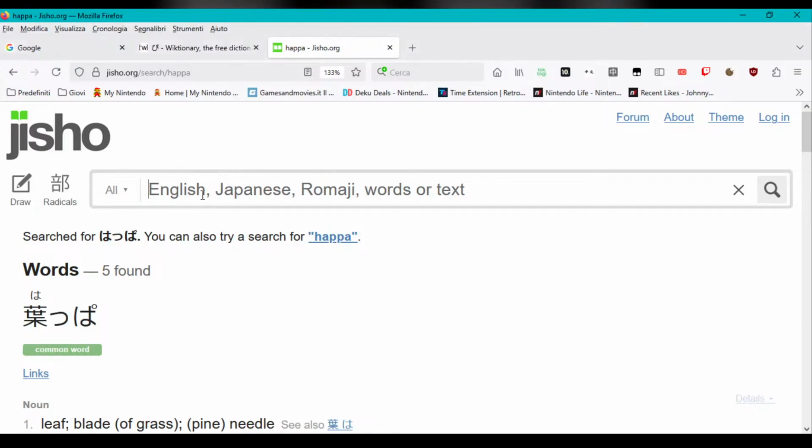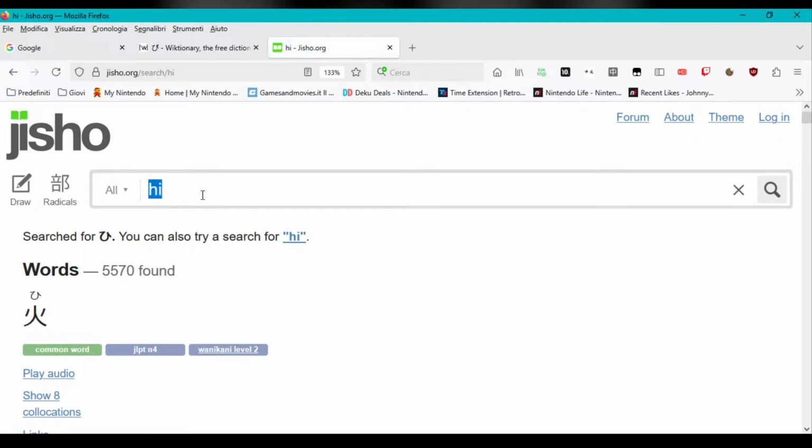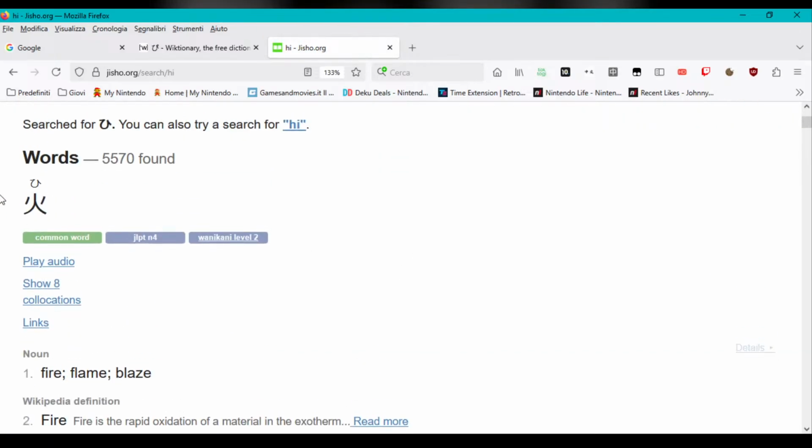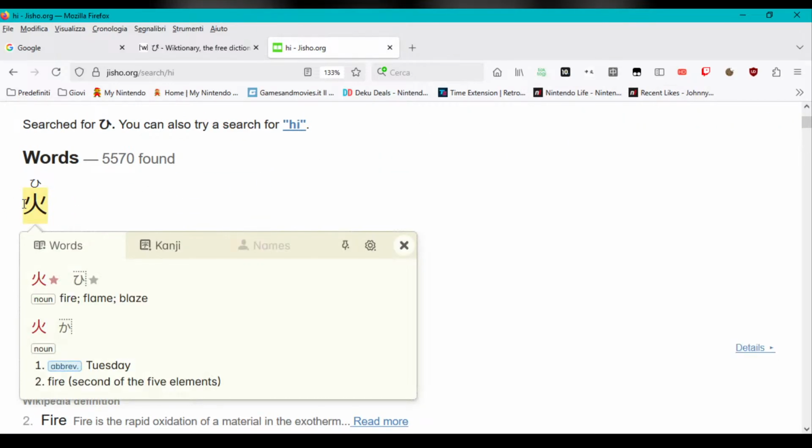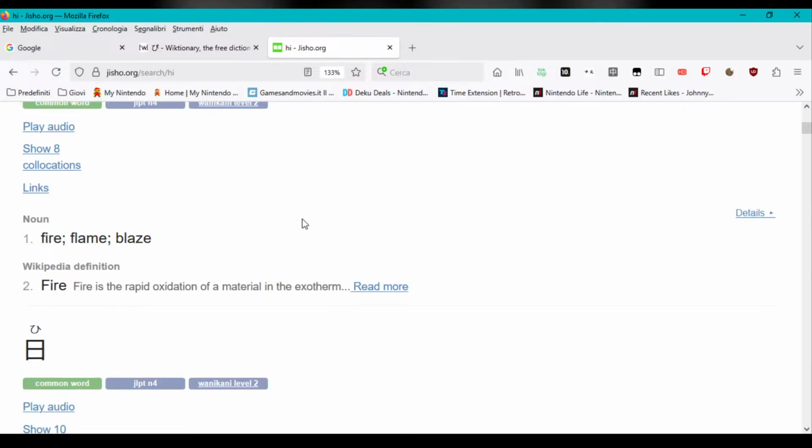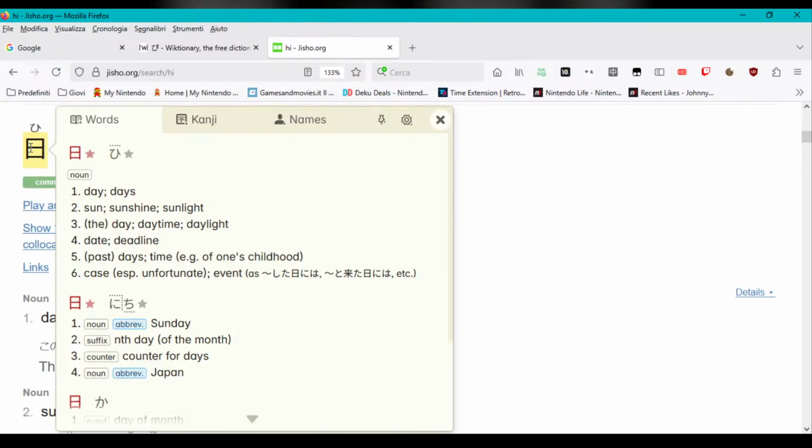Let's see some words. We have he, accented, which means fire, flame, blaze. Generic fire is the basic meaning. Then we have also he, unaccented in this case.